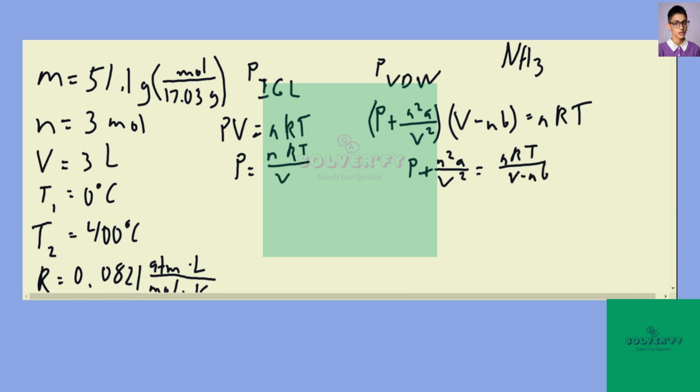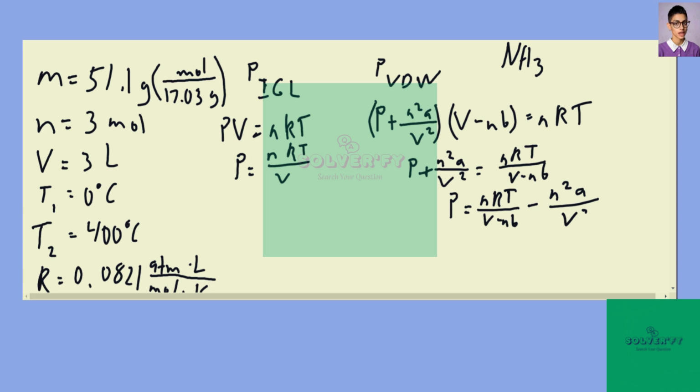And solving one more time by subtracting that term, we get P equals nRT over V minus nb, minus n squared a over V squared.